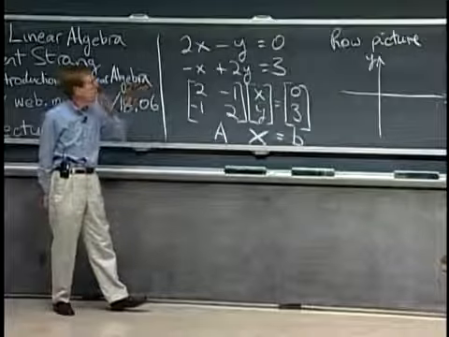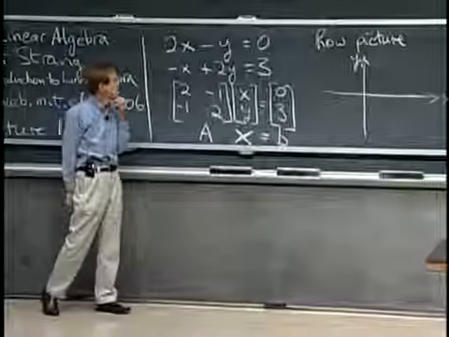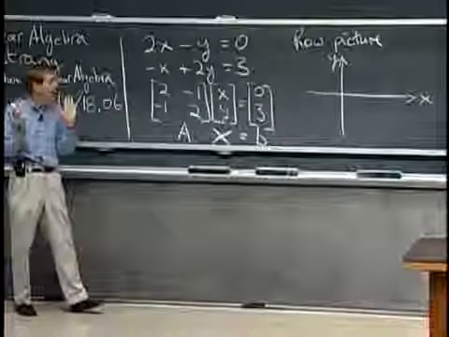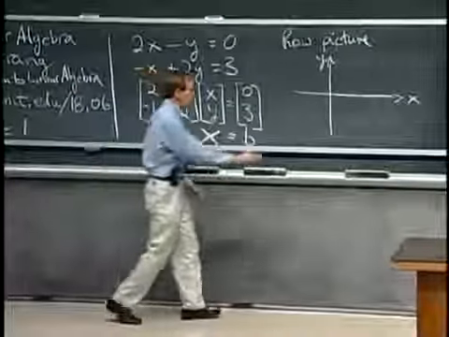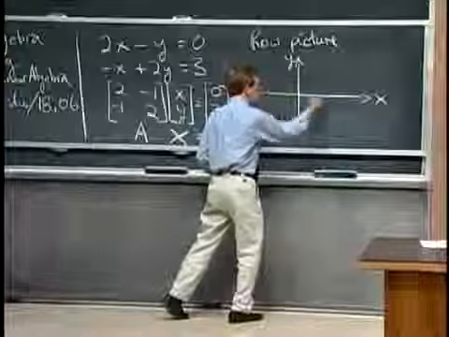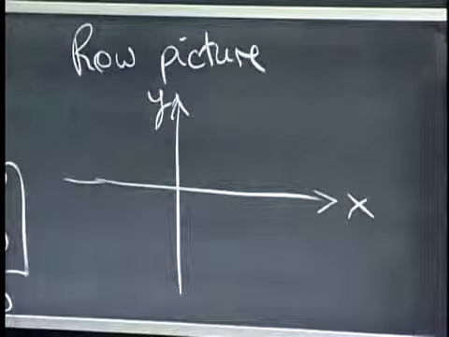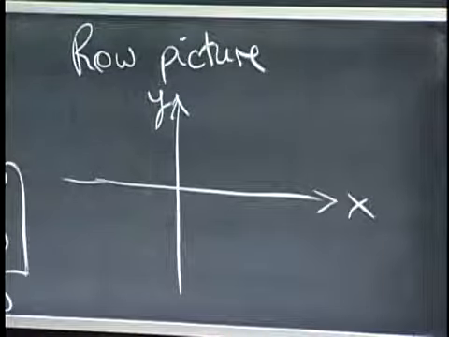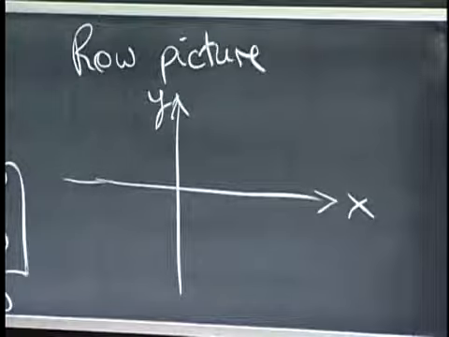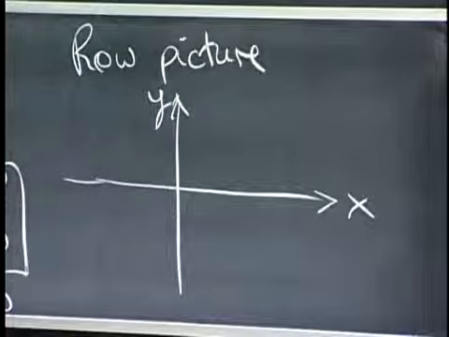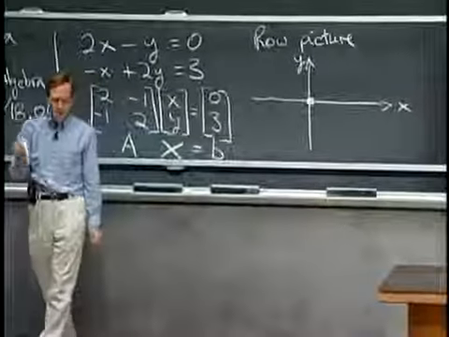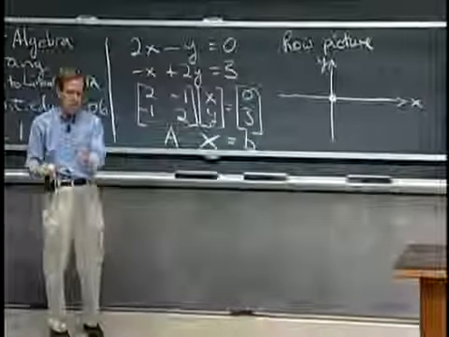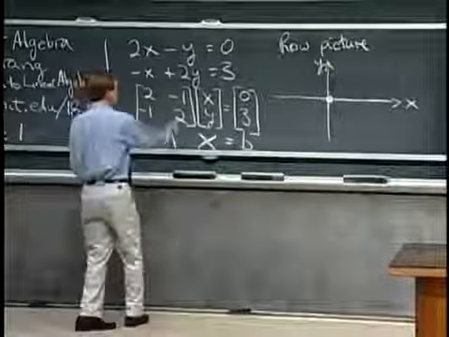So I'm looking at all the points that satisfy 2x minus y equals 0. It's often good to start with which point on the horizontal line. On this horizontal line, y is 0. The x-axis has y is 0, and that, in this case, actually, then x is 0.